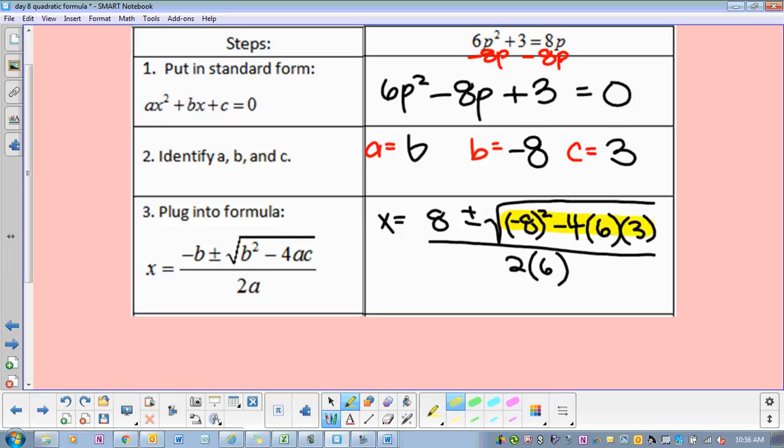Guys, put this into the calculator. Tell me what you get. Don't put in the square root, right? Just the stuff that's inside the square root.